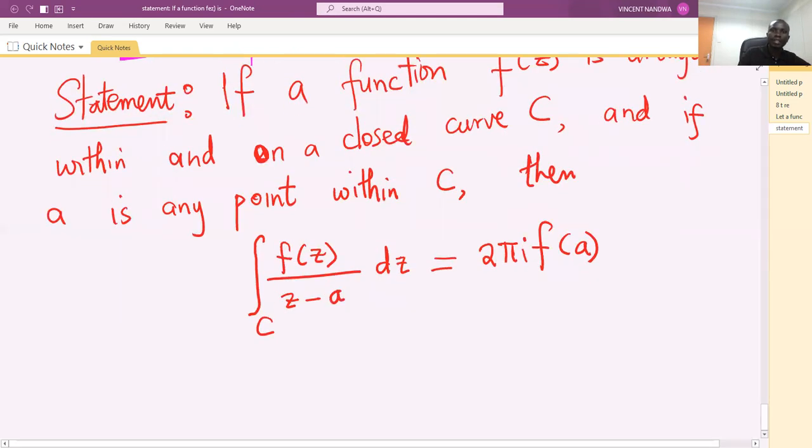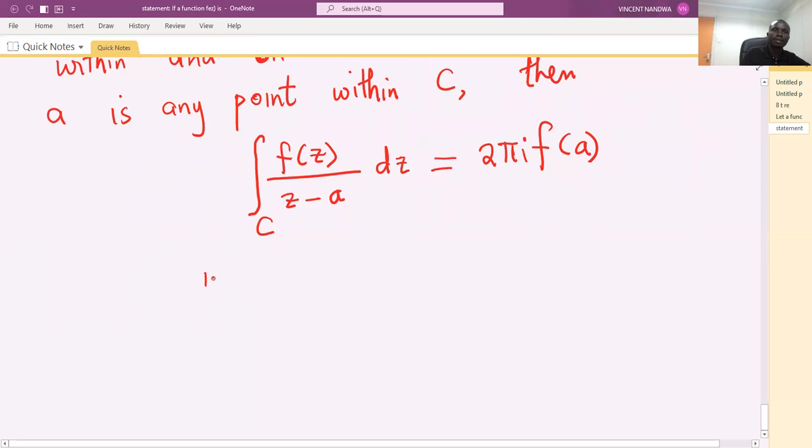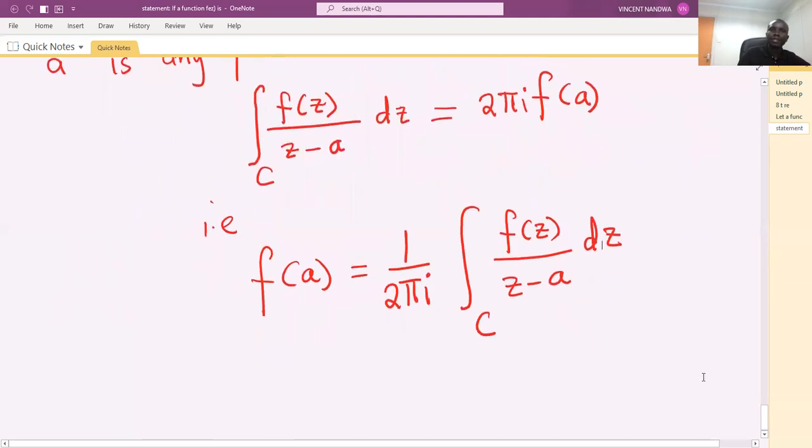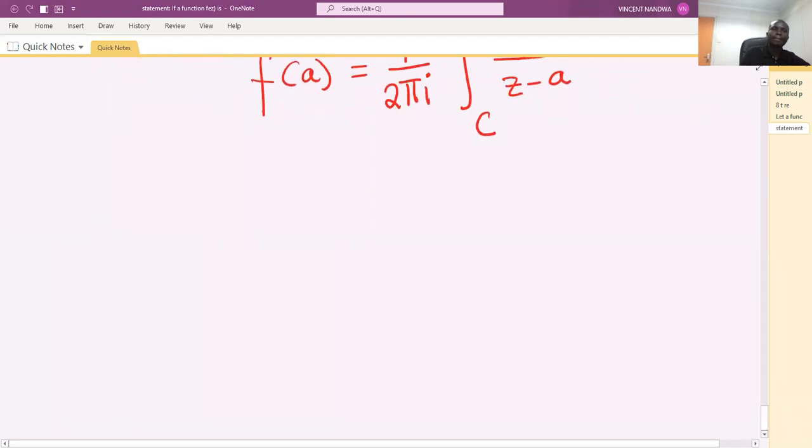Another way of rewriting the same formula is to say f of a is given by 1 over 2 pi I, integral along C of f of z over z minus a dz. So these two actually mean the same thing. Now let's provide the proof for this formula.